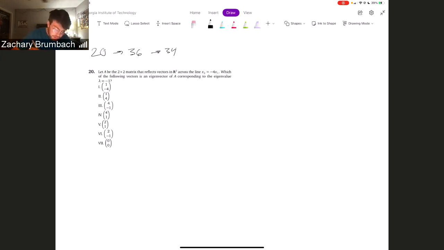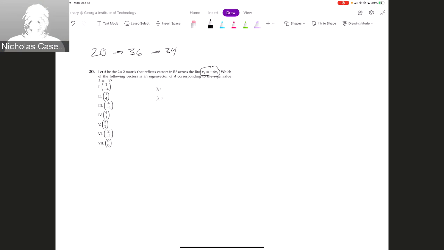Let the 2 by 2 matrix reflect vectors in R2 across this line, okay? So if it reflects, right off the bat, which eigenvalues do we have? If it reflects, not if it projects. Isn't it 1 is an eigenvalue? Is it 1 and -1? It is 1 and -1. That's correct.